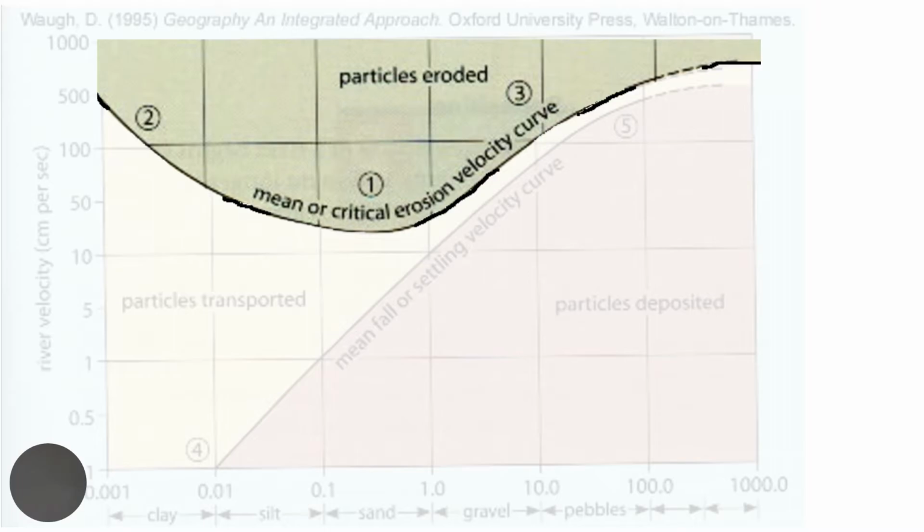Now let's look at the critical erosion velocity curve. This curve shows that sands require the least velocities to be dislodged from the bed, while small sediments such as clays and silts and large sediments such as pebbles and boulders require higher velocities.